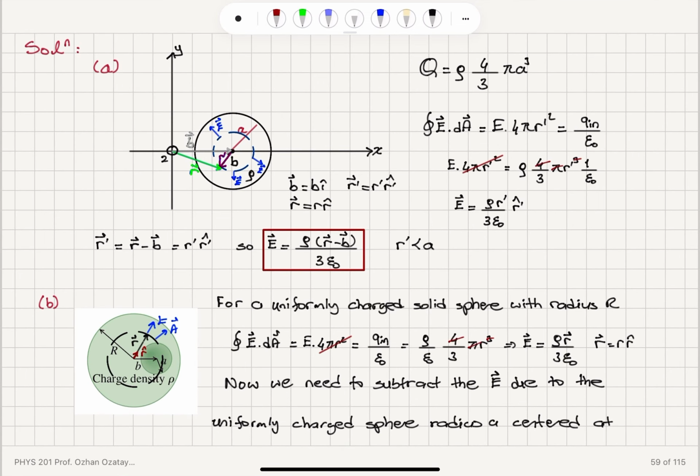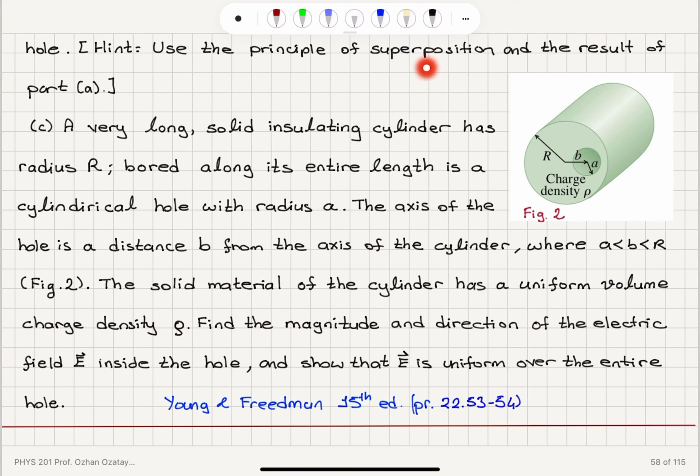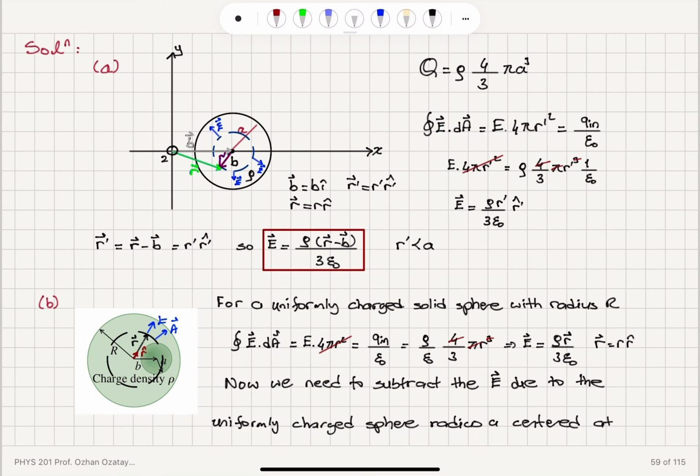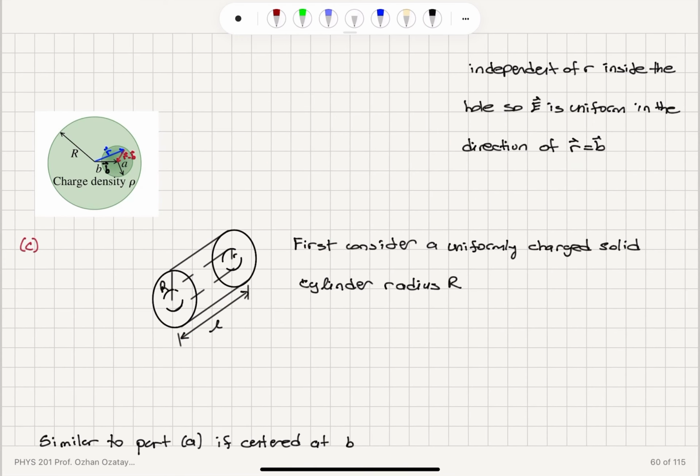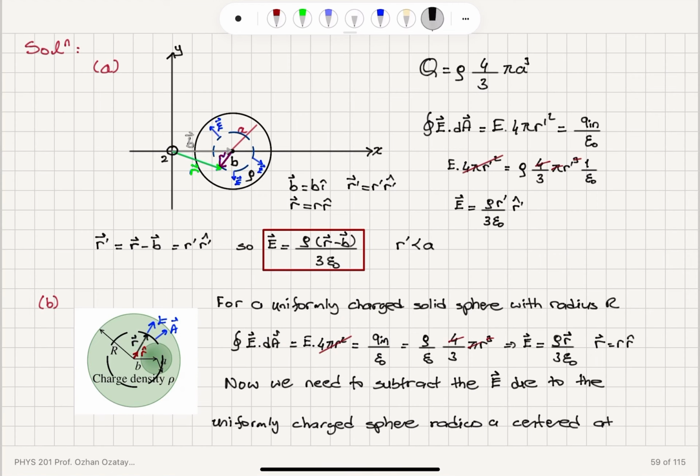Now, the problem statement says to use the superposition principle. Now we need to subtract the electric field due to the uniformly charged sphere with radius a centered at r equal to b. So that's basically the scenario we have considered in part A of the problem, so we can find the electric field inside the hole.